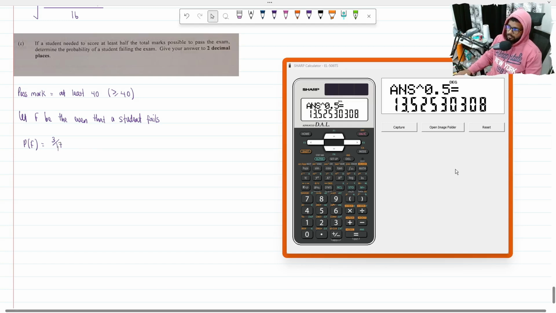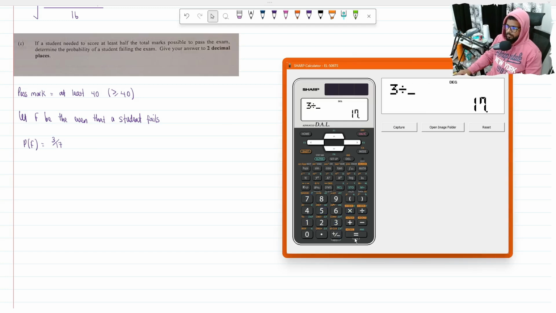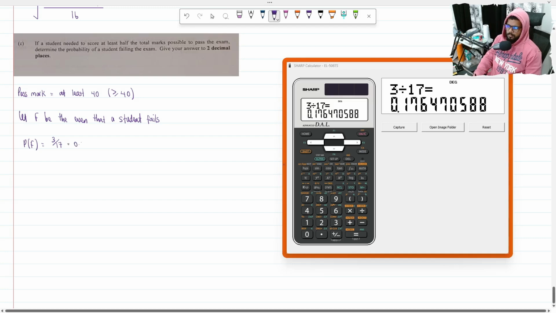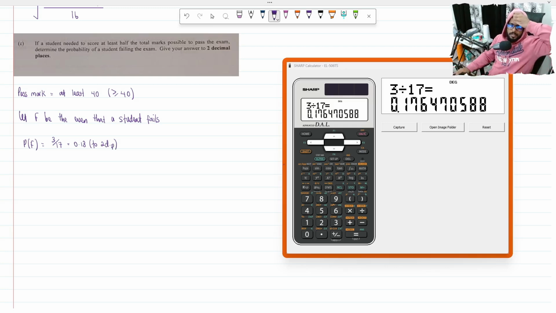Giving an answer to 2 decimal places, okay, 0.18 to 2 decimal places. Now, I personally don't like to give probabilities as a decimal, but so be it.